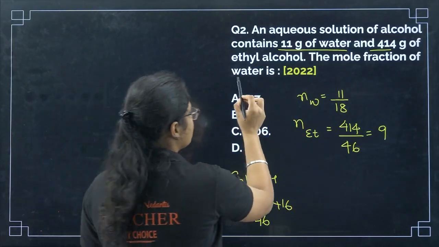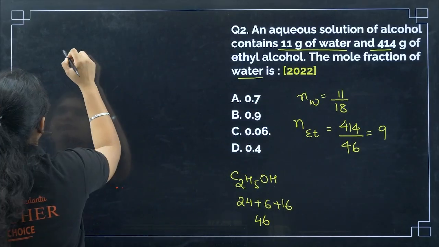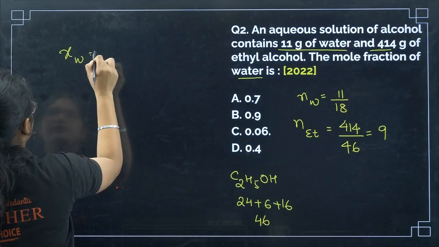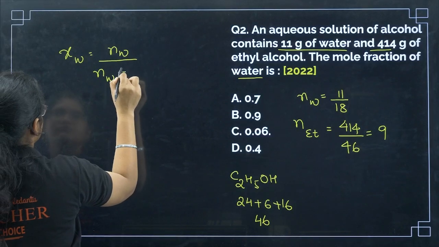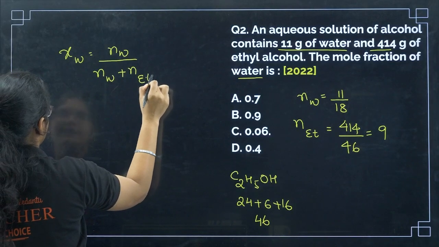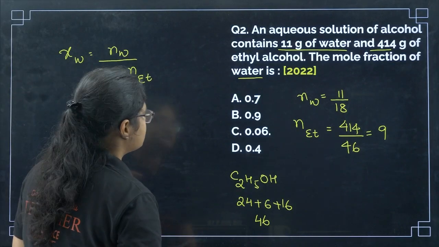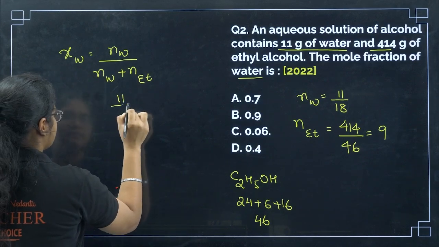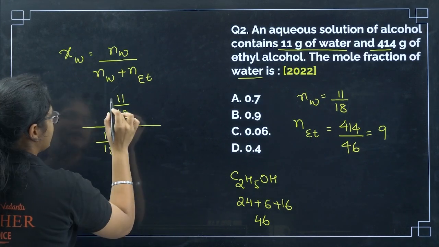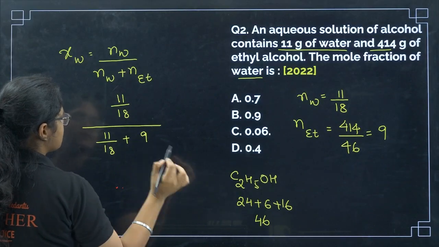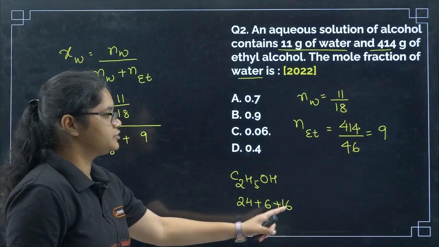You have to find the mole fraction of water. It will be the number of moles of water divided by the number of moles of water plus the number of moles of ethyl alcohol. The number of moles of water is 11 by 18, and the number of moles of ethyl alcohol is 9.